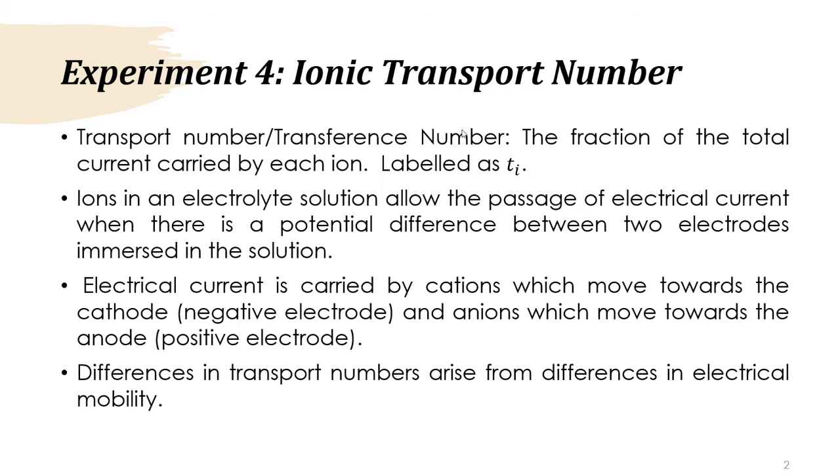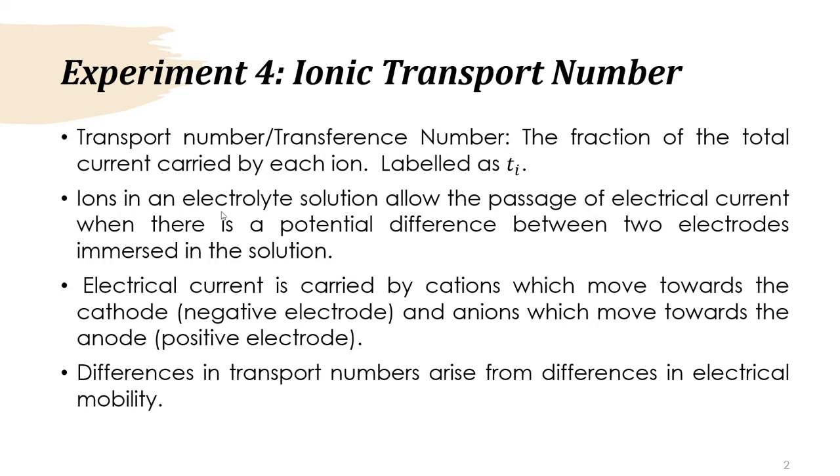Now the definition of a transport number or transference number is that it's the fraction of the total current carried by each ion. And this is labeled as Ti. So i can either be positive if it's a cation, and negative if it's an anion.